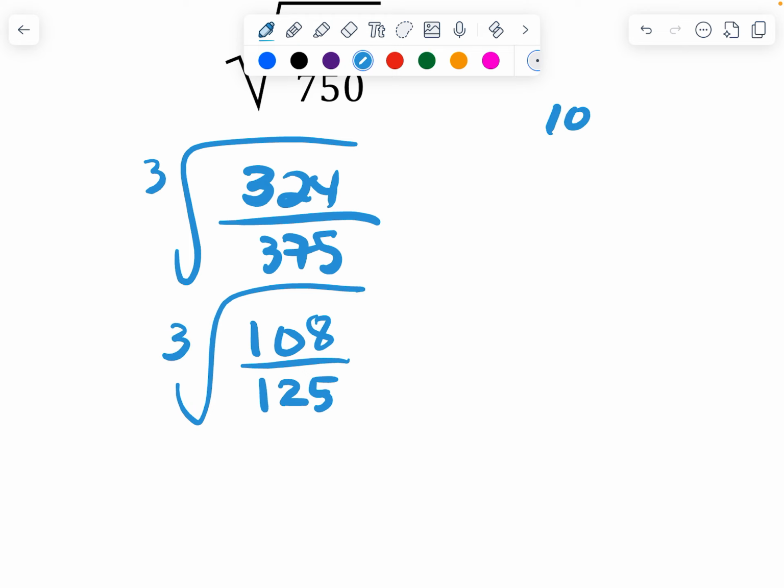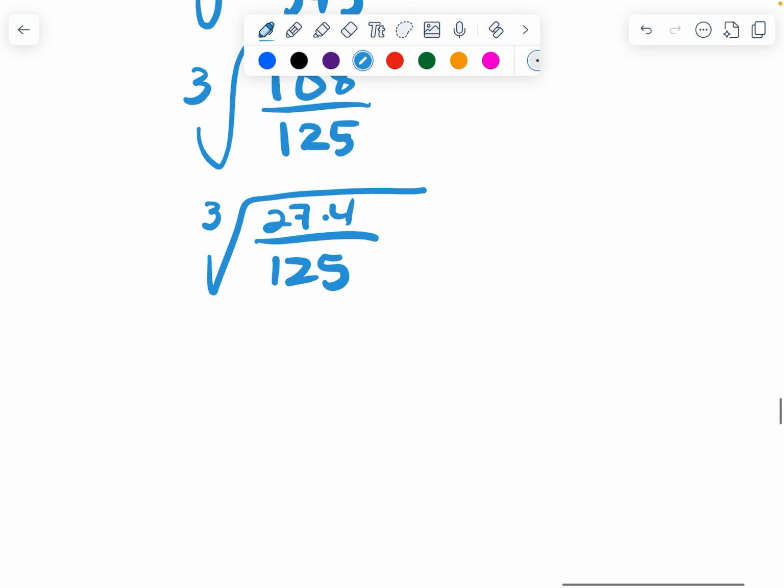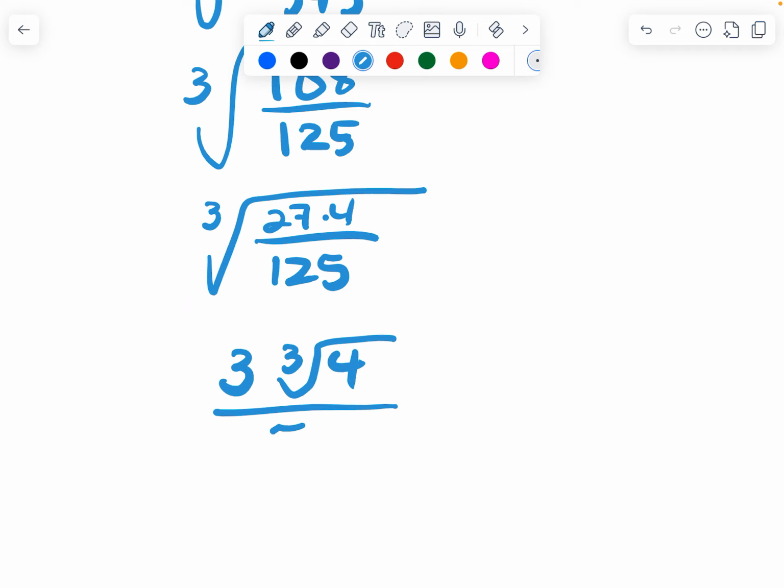Okay, so 108. Does 27 go into 108? Yeah, 4 times. 27 times 4. So this is the cube root of 27 times 4 over 125, because 125 is a perfect cube. So on top, I get 3. I get the cube root of 4 over 5.